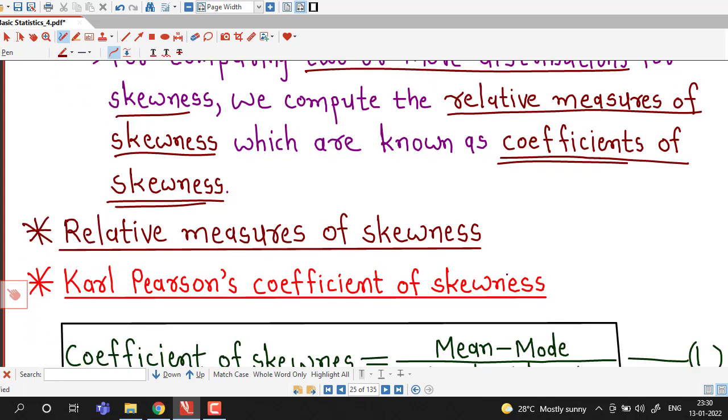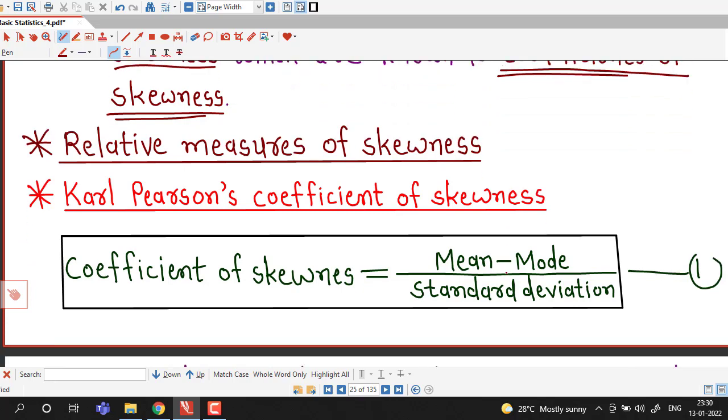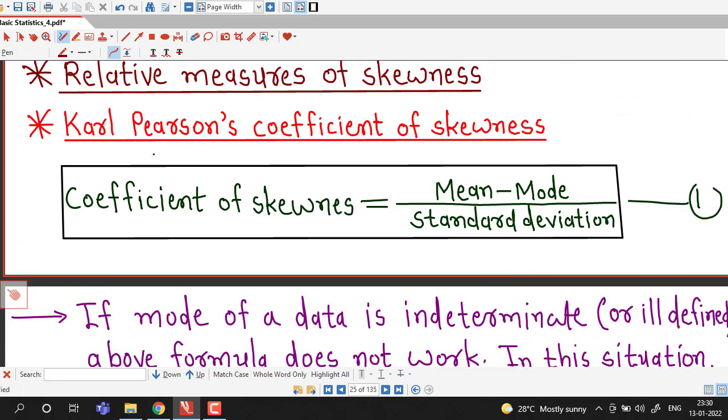There are different relative measures of skewness. The first one is given by Karl Pearson, therefore it is known as Karl Pearson's coefficient of skewness. It is defined as the coefficient of skewness equal to the distance between mean and mode divided by standard deviation.